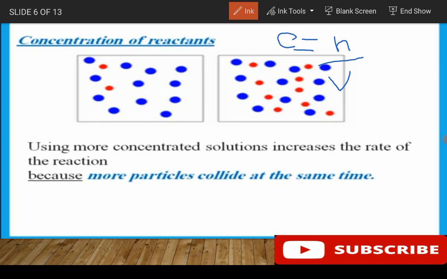If the solution is concentrated, if there are more particles of one of the reactants, then those particles confined at a smaller area will collide faster, and therefore the rate of reaction will increase. So using more concentrated solutions increases the rate of the reaction, simply because more particles collide at the same time.